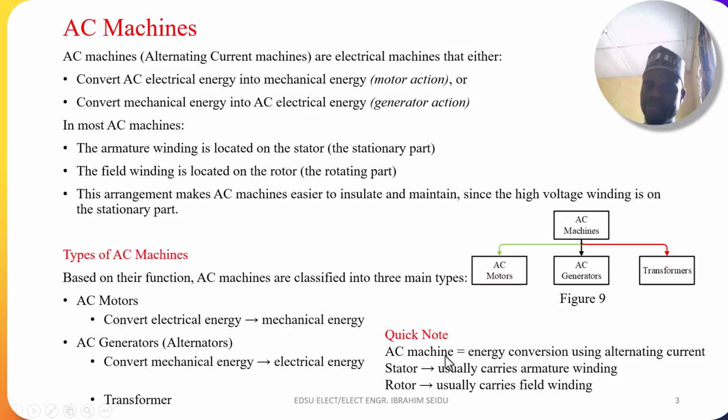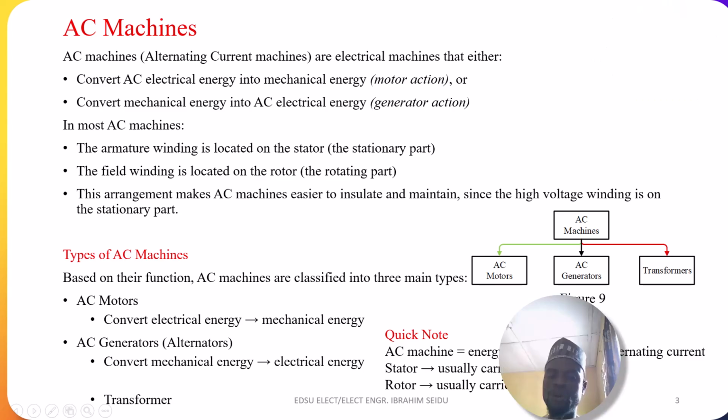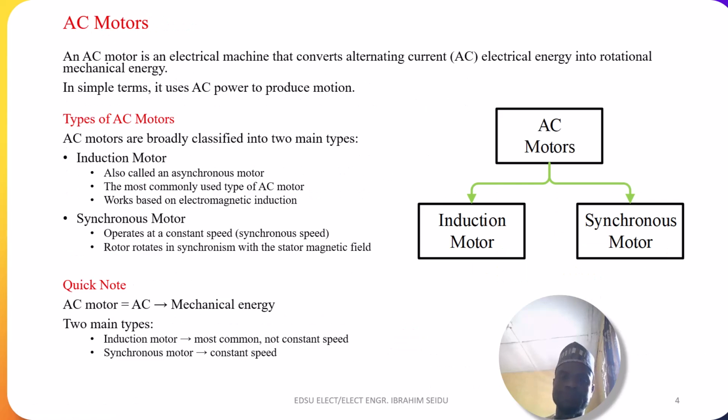AC machines are energy conversion devices using alternating current, which means their main source is AC. The stator usually carries the armature winding, while the rotor usually carries the field winding. This makes the basic difference between an AC machine and a DC machine.